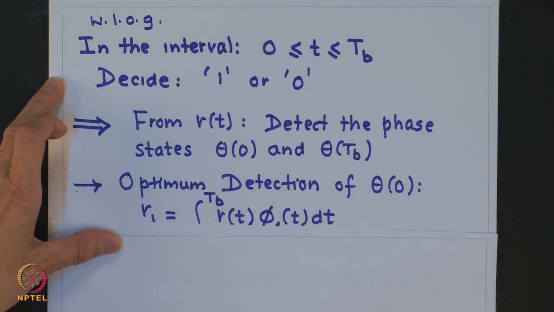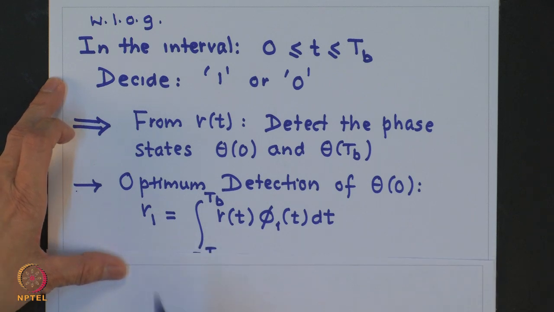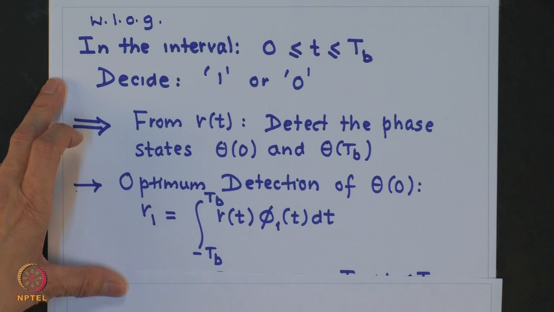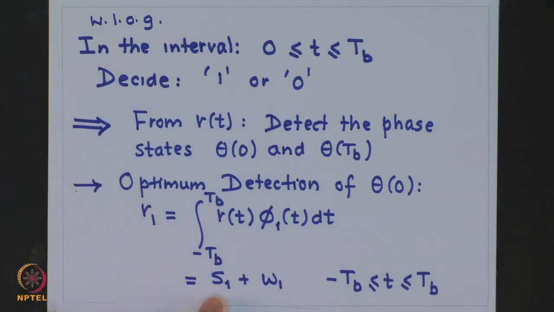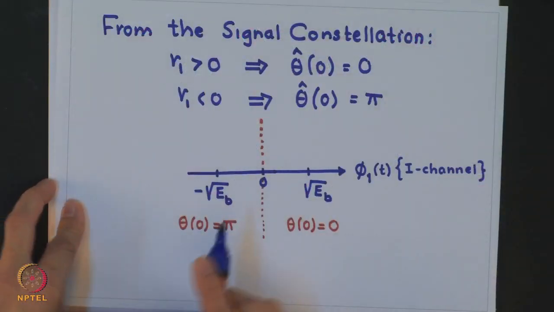We have seen from the signal space diagram that the channel corresponding to the phi 1 axis and the one corresponding to the phi 2 axis are both independent. So, R1 we will get by this expression: S1 plus W1, and for this the signal constellation would be as shown here, along phi 1(t).